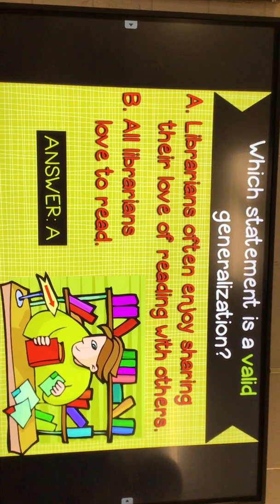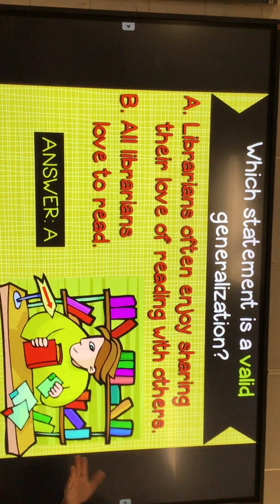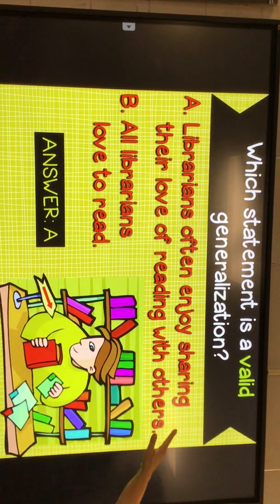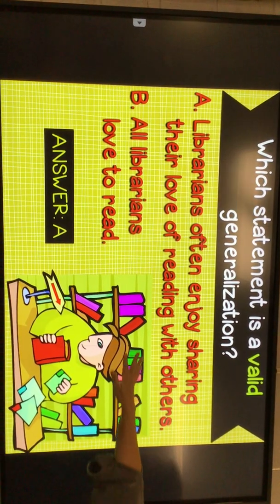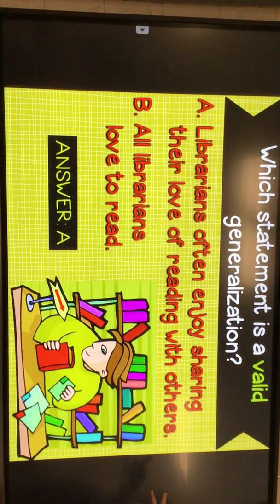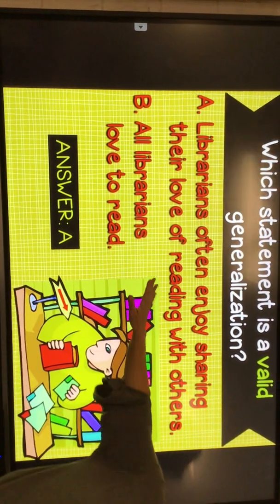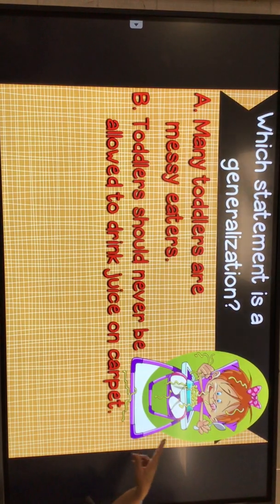What is our clue word that lets us know? Often. Librarians often. And what makes this other one an opinion? Well, it said they all love to read, and love is hard to measure.